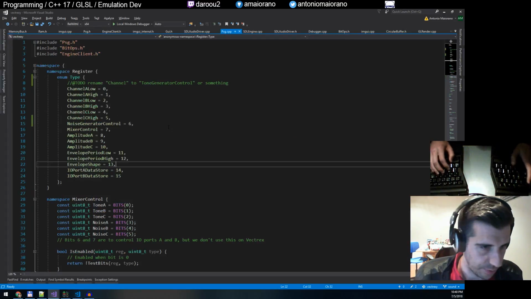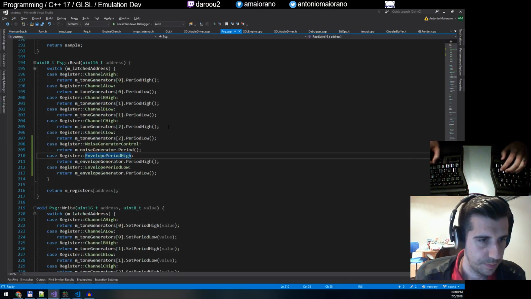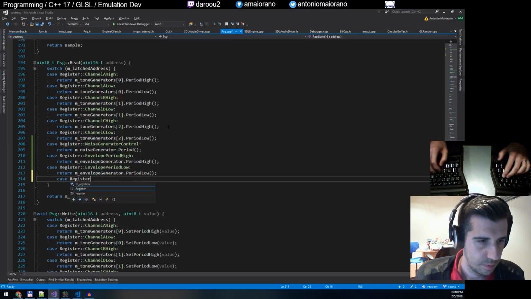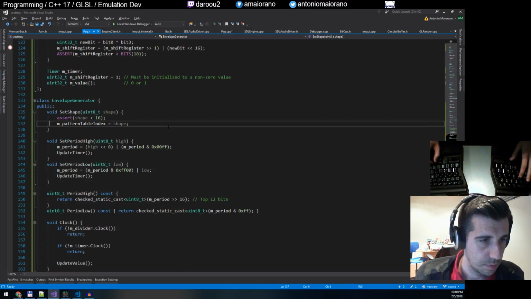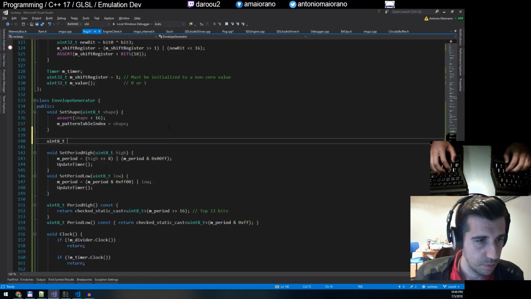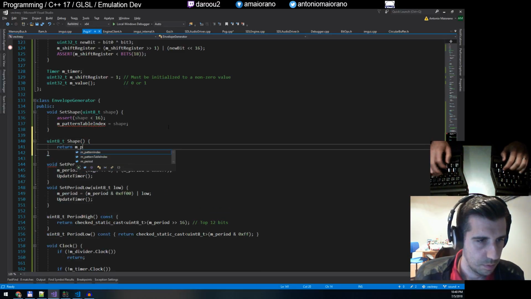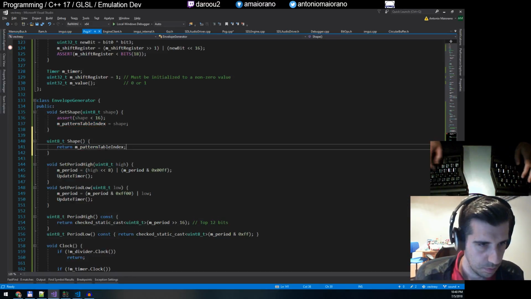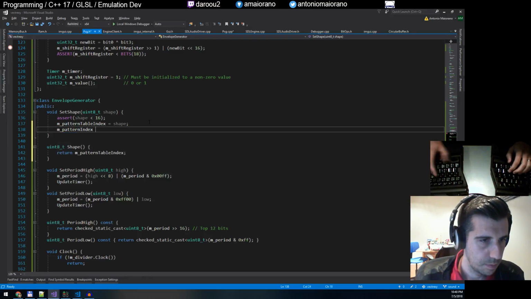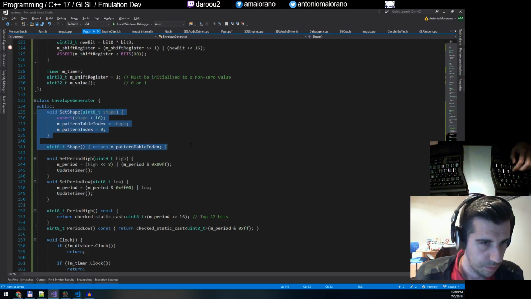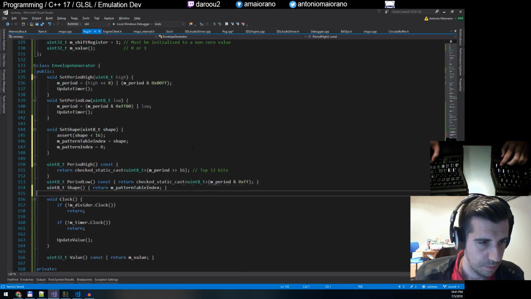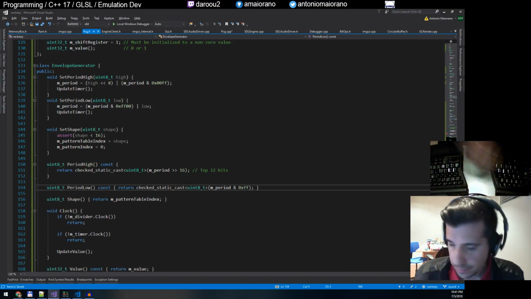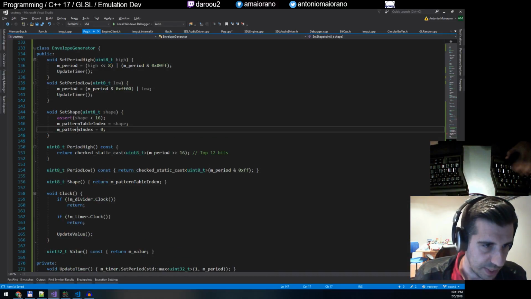So we have a set shape. Let's hook that up right away. So when we set the shape, we'll also reset the pattern index to 0.